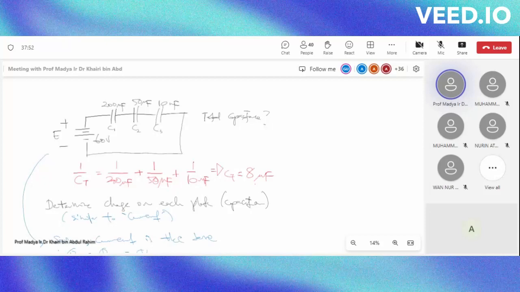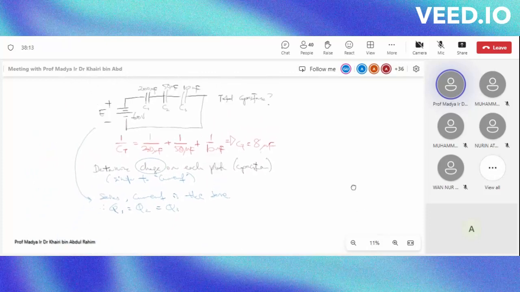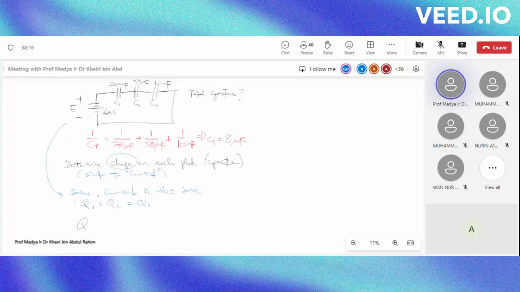The charge is also the same because it's very similar to current. So the question, let's say, determine the charge on each plate. It's CV, right? So C.